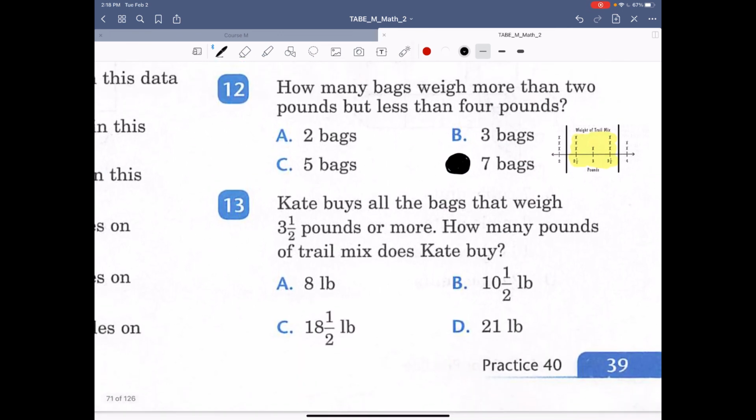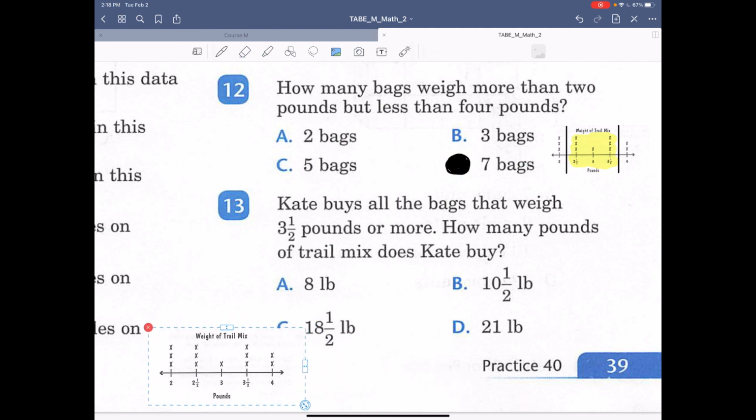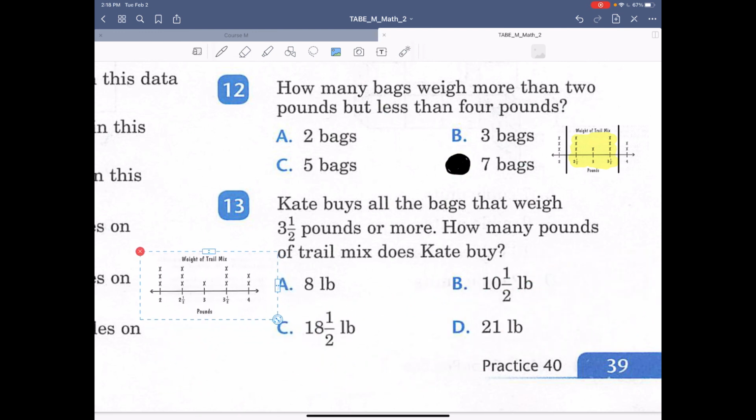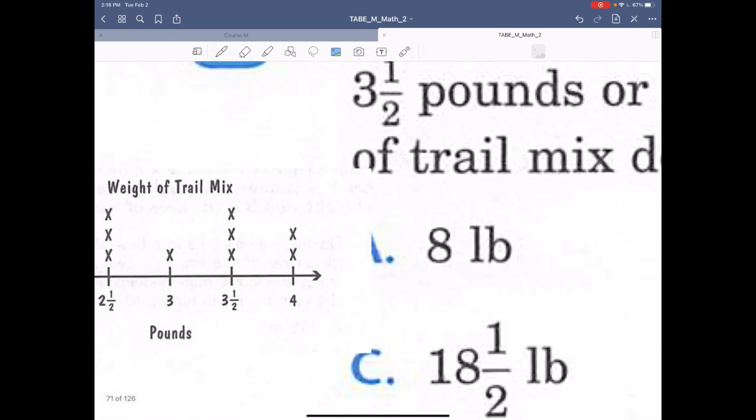Number 13. Kate buys all the bags that weigh 3.5 pounds or more. How many pounds of trail mix does Kate buy? So she buys 3.5 pounds and up. This time we want to count the 3.5 pounds in the interval, so that's going to be here and here.